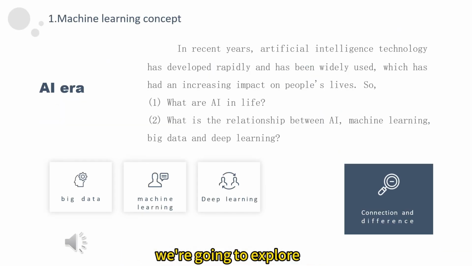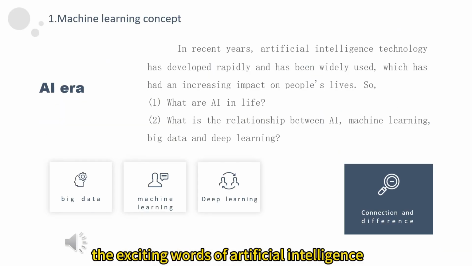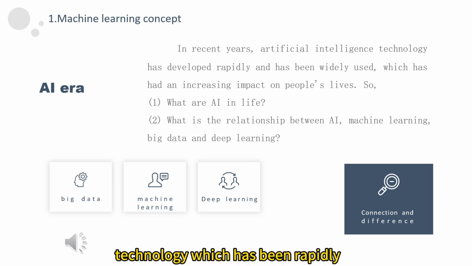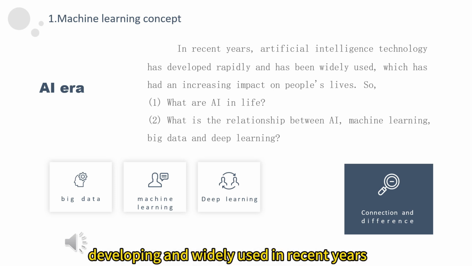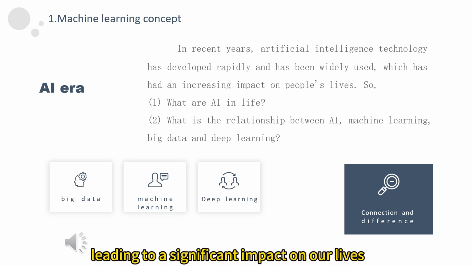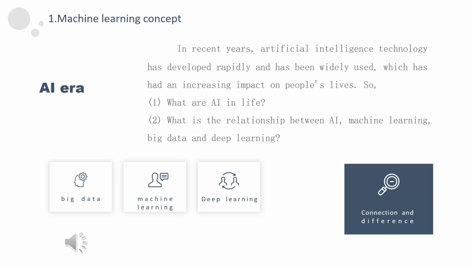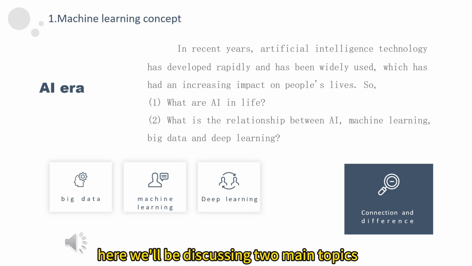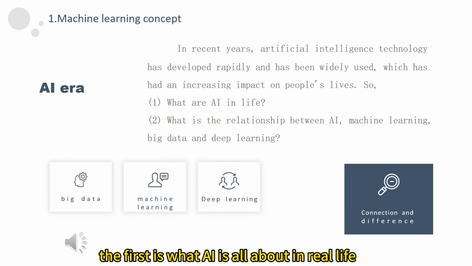First, we're going to explore the exciting world of artificial intelligence, technology which has been rapidly developing and widely used in recent years, leading to a significant impact on our lives. Here we'll be discussing two main topics. The first is what AI is all about in real life.